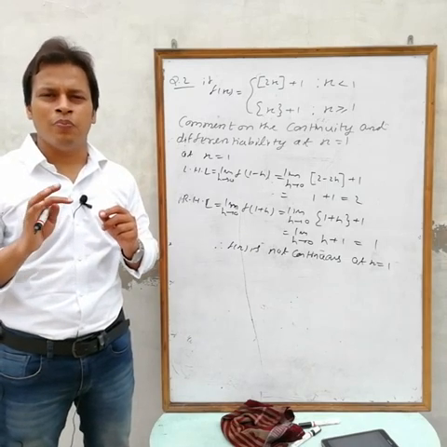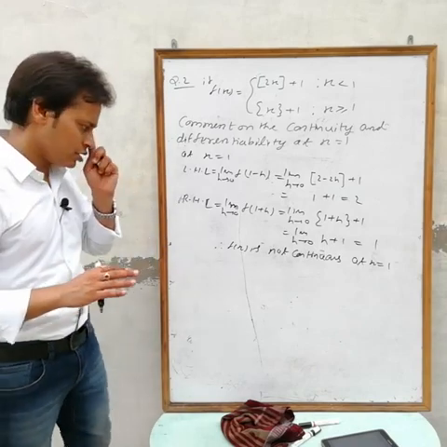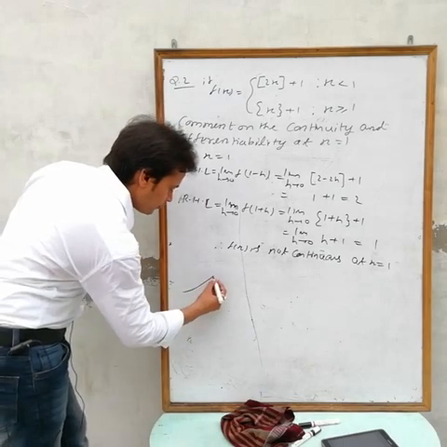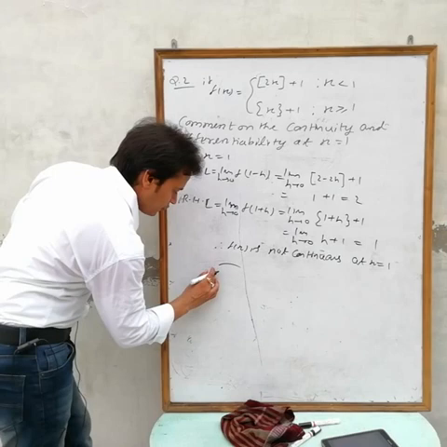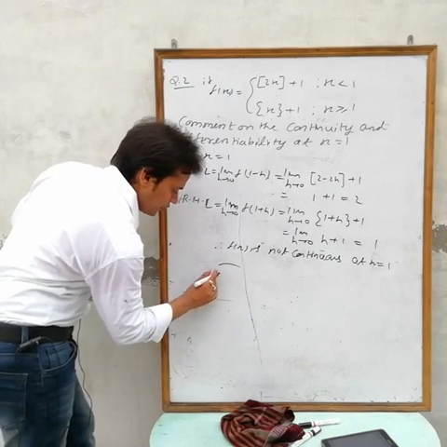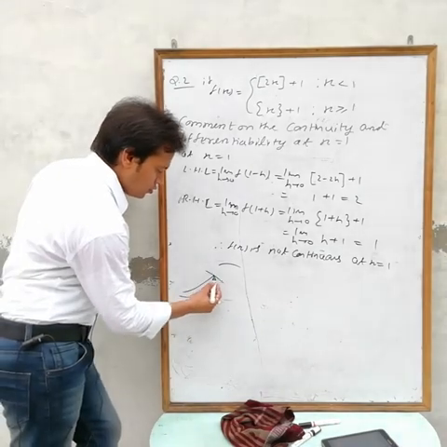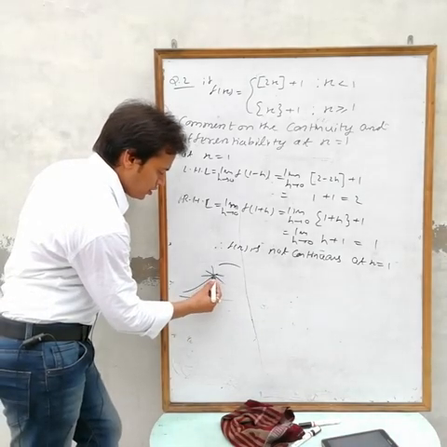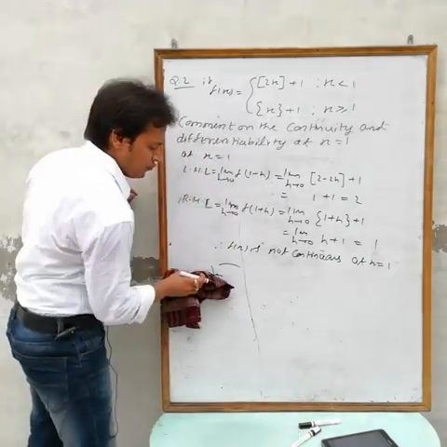If you have a break at any point, then you can't draw a unique tangent. Suppose this is the graph, we have a break now, and this is the graph. At x equals a, we have a break. Then at that point you can draw any tangent, but we can't draw a unique tangent.